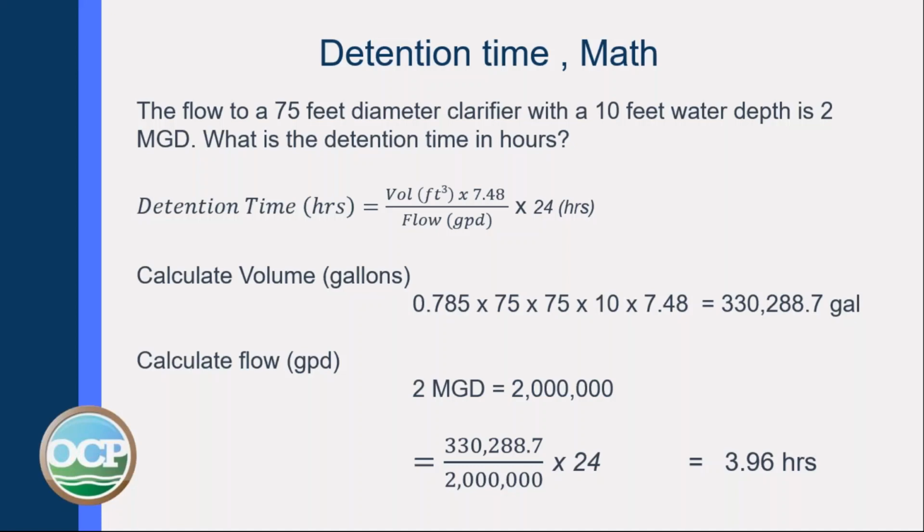Since you want it in hours, that's what it asks you for, times 24 gives you 3.96 hours. It takes 3.96 hours for the first drop of water, when it enters the tank, for that same drop of water to go out of the tank.